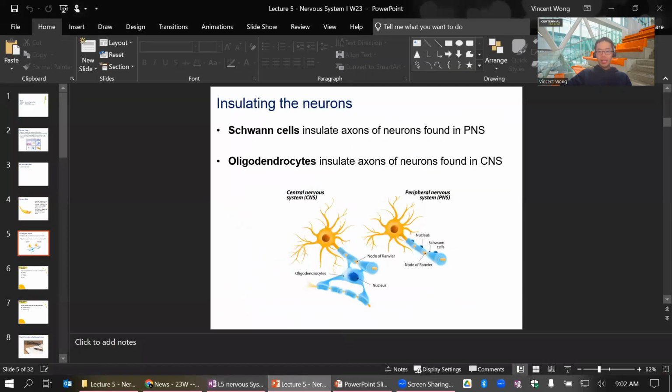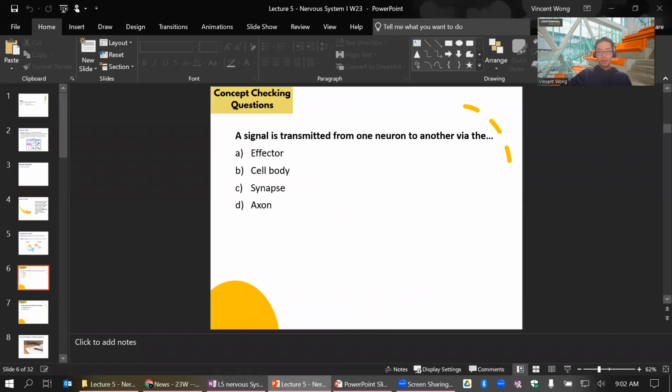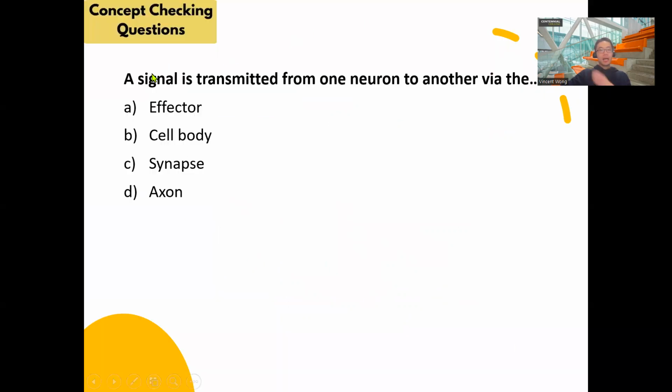Okay, so that is that, and we were talking about this question, right? So you probably know the answer already. A signal is transmitted from one neuron to another through which of these? Let's start the poll again. Based on everything I told you just now, how does the signal go from one neuron to another?